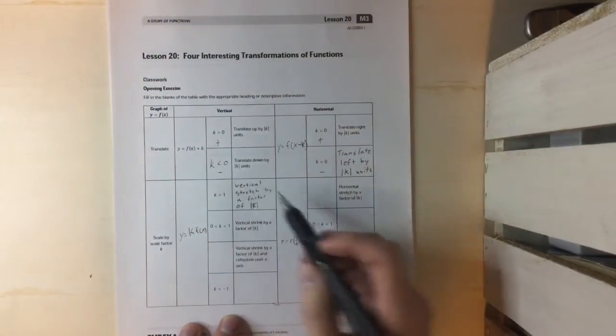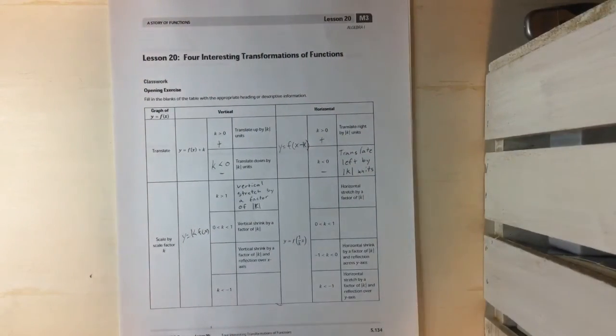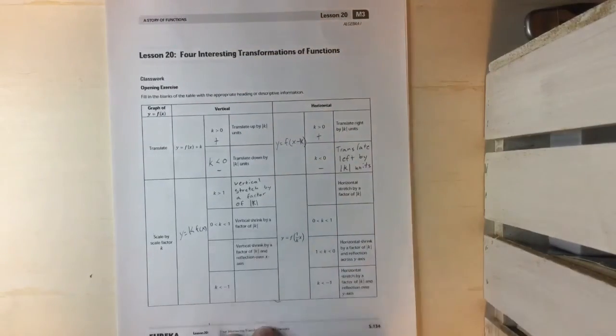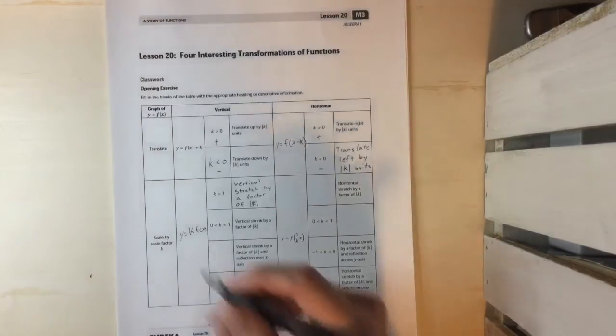Okay, so we have a vertical stretch by a factor of k. Or if k is greater than 0 but less than 1, we have a vertical shrink by a factor of k. So this one's going to be fairly similar.